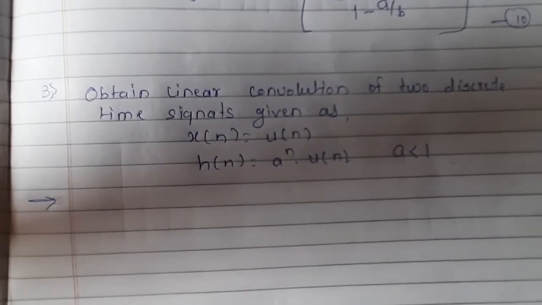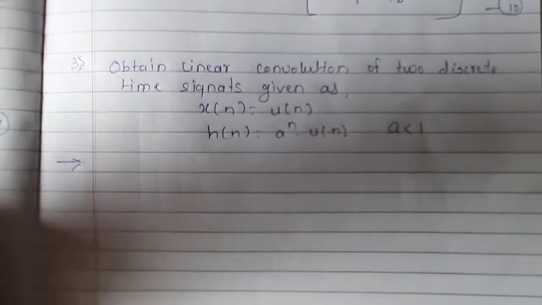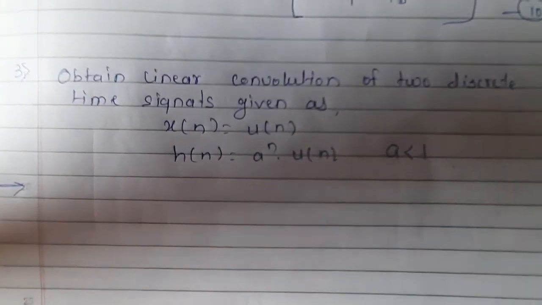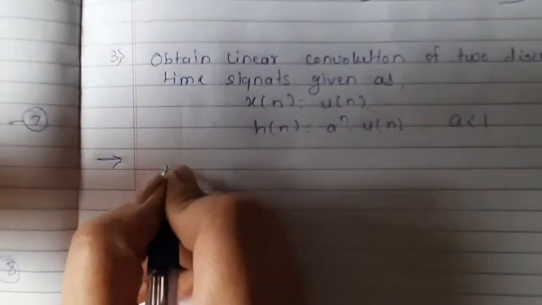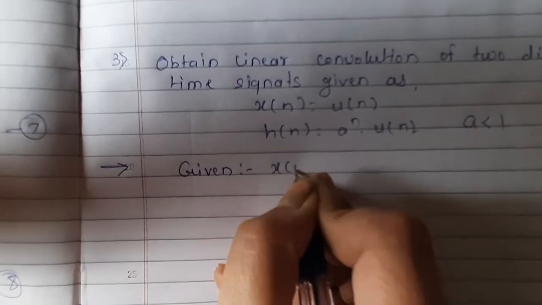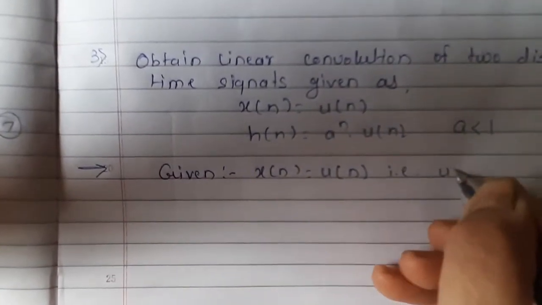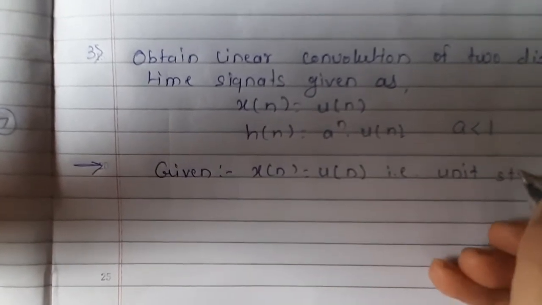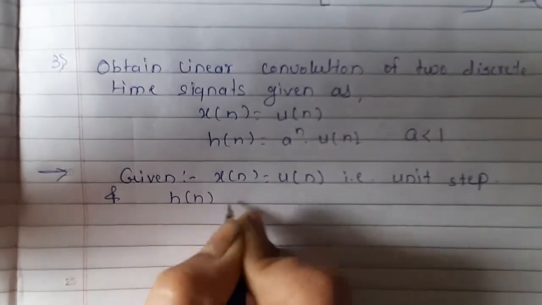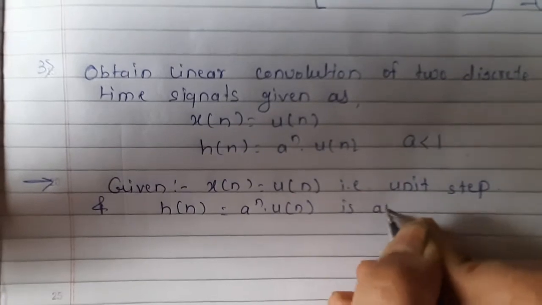Given is x of n is equal to u of n, that is unit step signal, and h of n is equal to a raised to n u of n is an exponential signal.